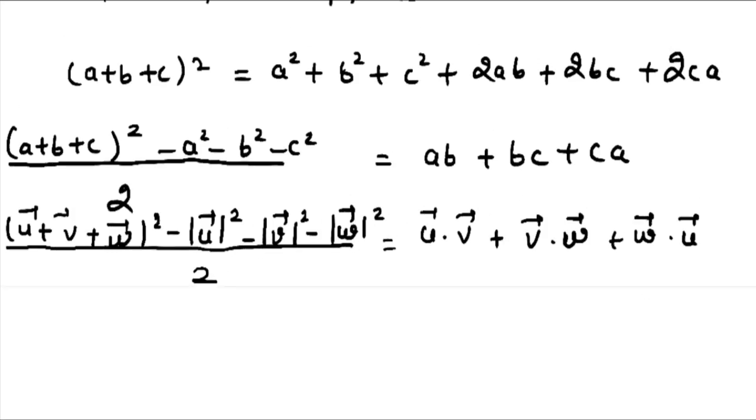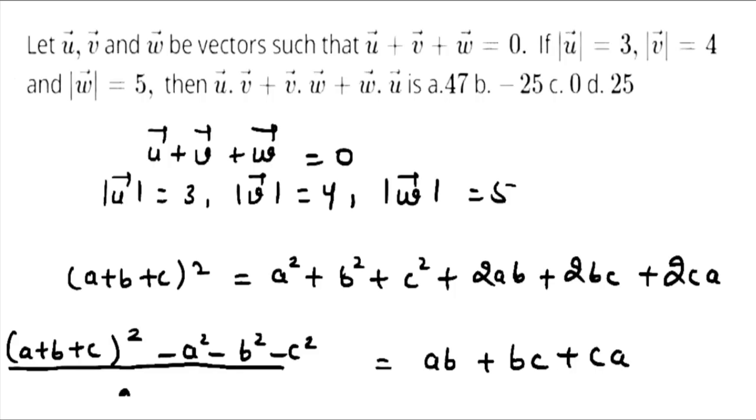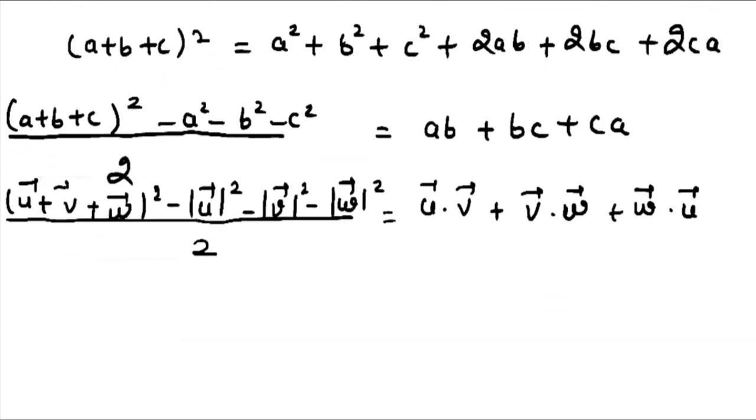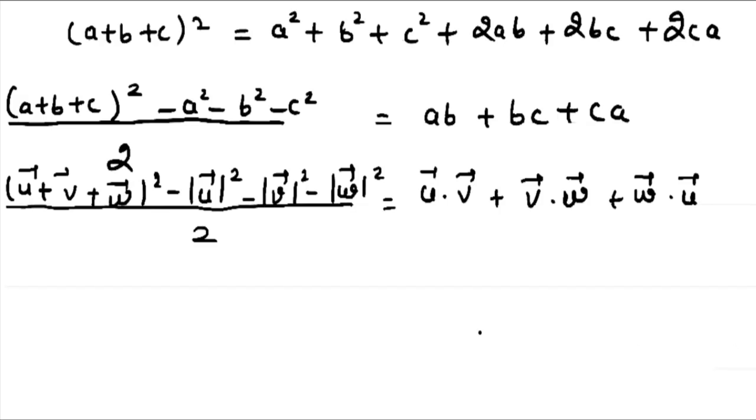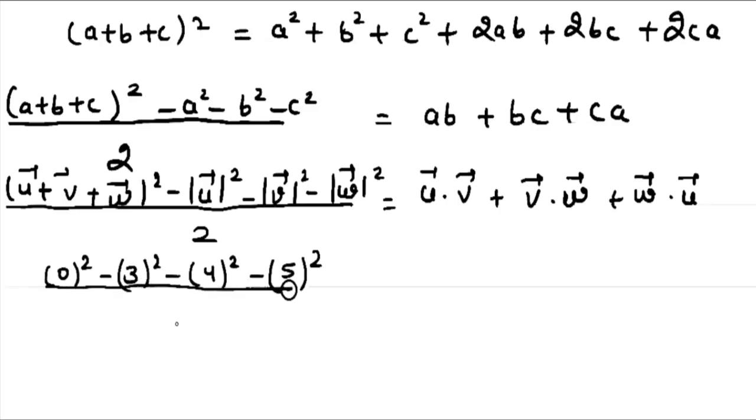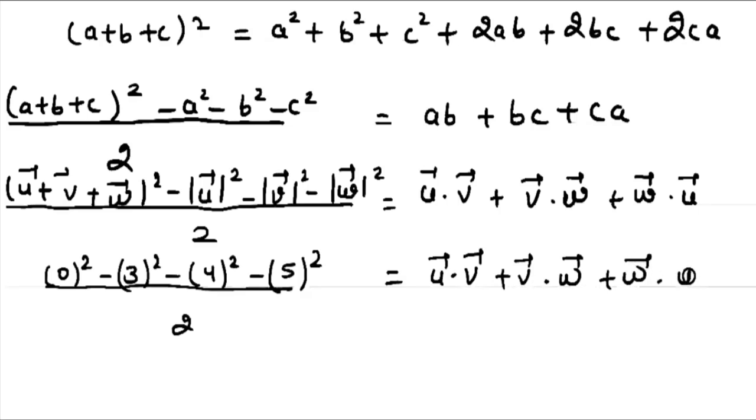Now u vector plus v vector plus w vector is 0, and magnitudes are 3, 4 and 5 respectively. So this will be 0 whole square minus 3 whole square minus 4 whole square minus 5 whole square, divided by 2, and this is equal to u vector dot v vector plus v vector dot w vector plus w vector dot u vector.